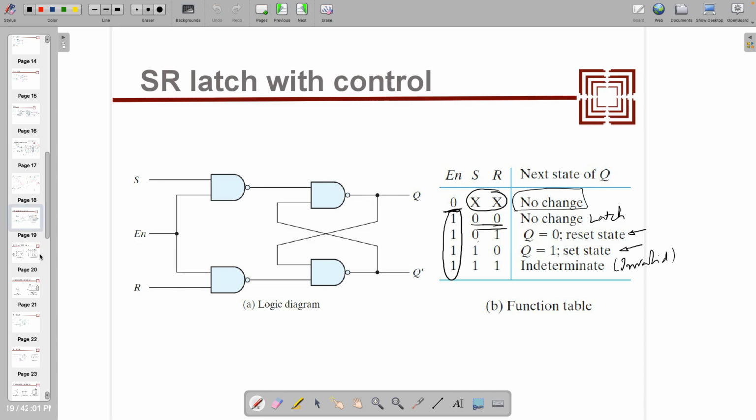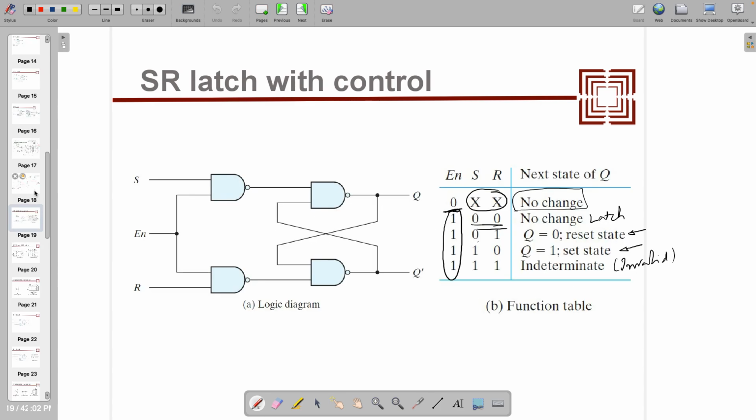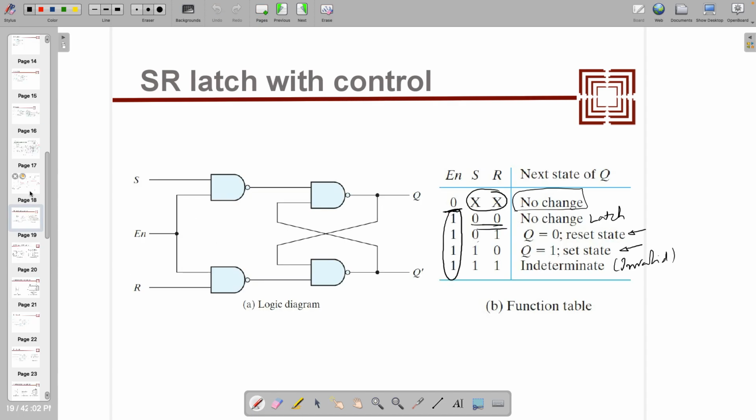But before going to that, this was given in the 4th edition. What I taught was the newer one, just to check how the old edition is also there. This way also you can make this. You can also make this with NOR gate. So any of the ways you can design it, all are the same.